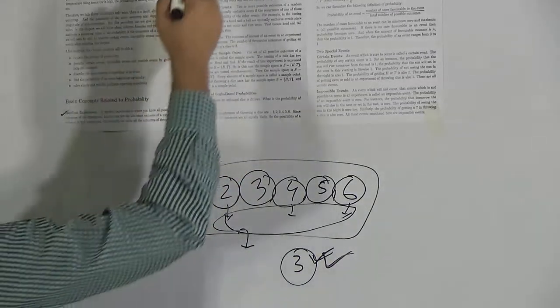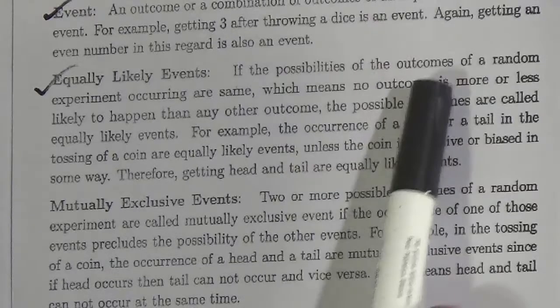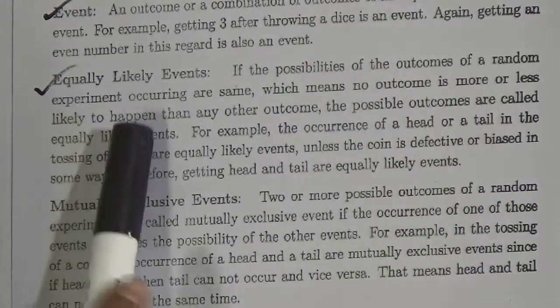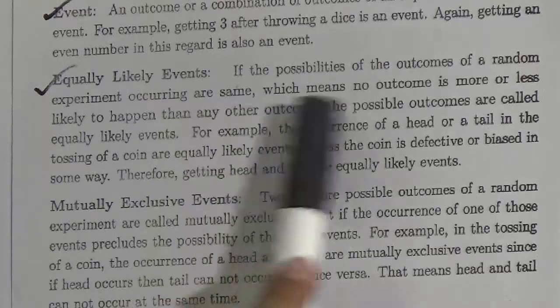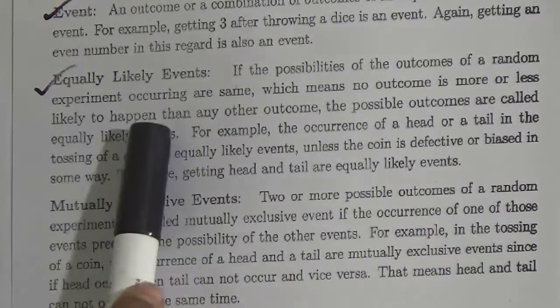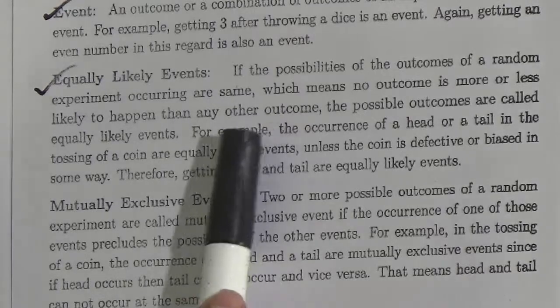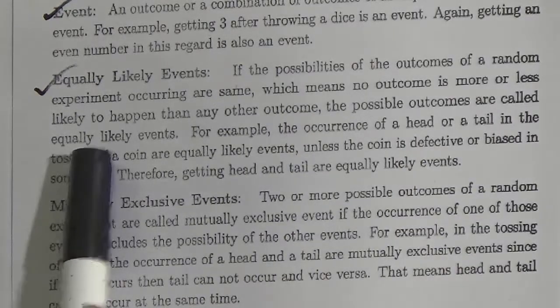Now, equally likely events is our next topic. If the possibilities of the outcomes of a random experiment occurring are same, which means no outcome is more or less likely to happen than any other outcome, the possible outcomes are called equally likely events.